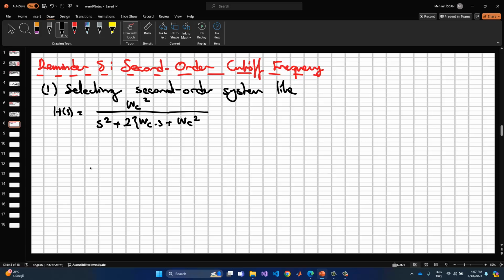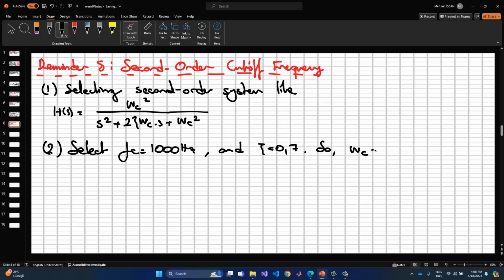So how can we set this ωc? For example, select fc as 1000 Hertz, and you may choose ζ equal to 0.7.